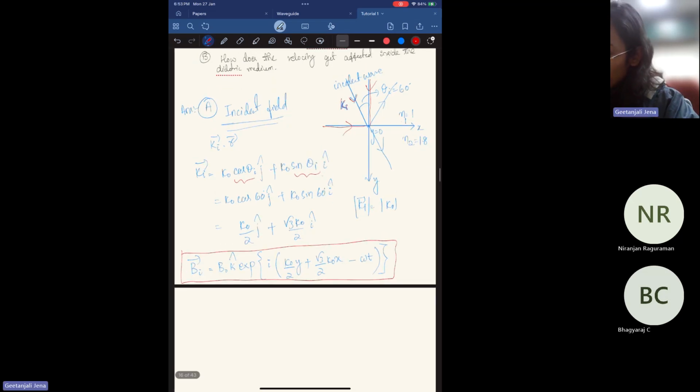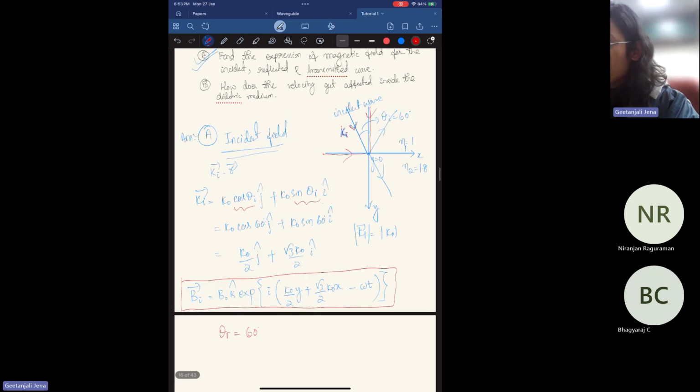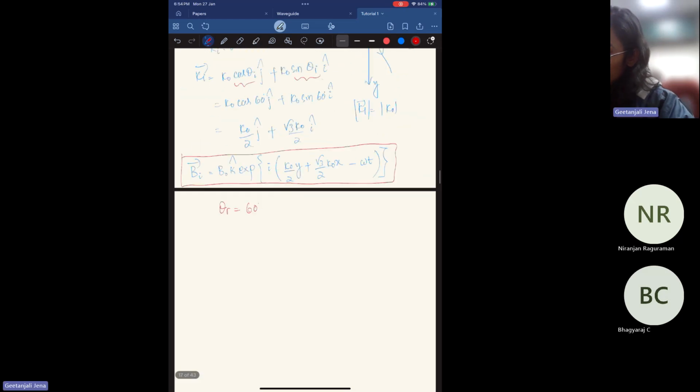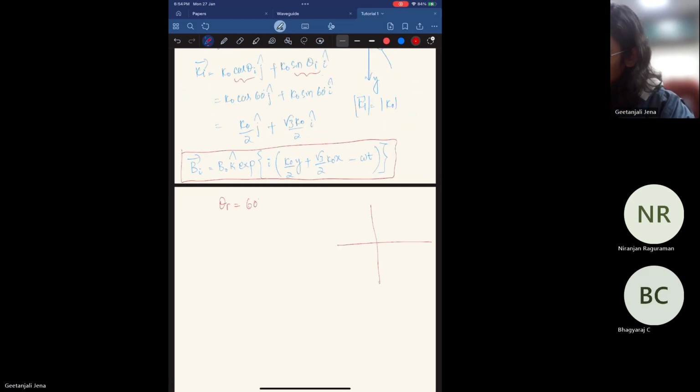And for the reflected part, you know that the reflected angle theta r will be 60 only. Because it is a reflected wave, getting reflected at y equal to 0, only the y part will change sign upon reflection. Initially the propagation vector k is like this.